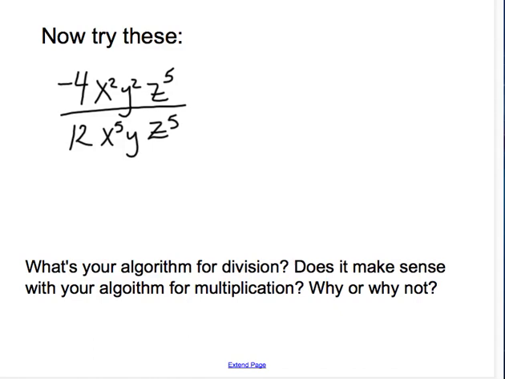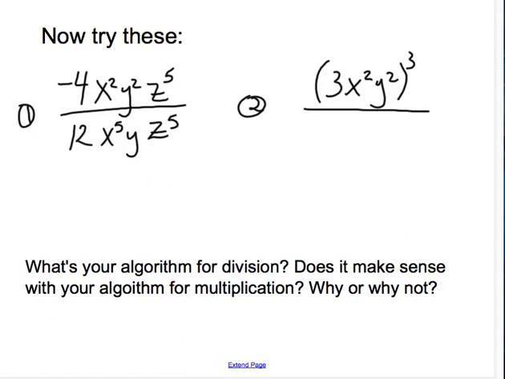And example 2, I'll call that 1 and 2. This one's a little tricky. Let's see if you can put things together from what you learned last week. 3x squared y squared to the 3rd over 9 x to the 4th y to the 5th.